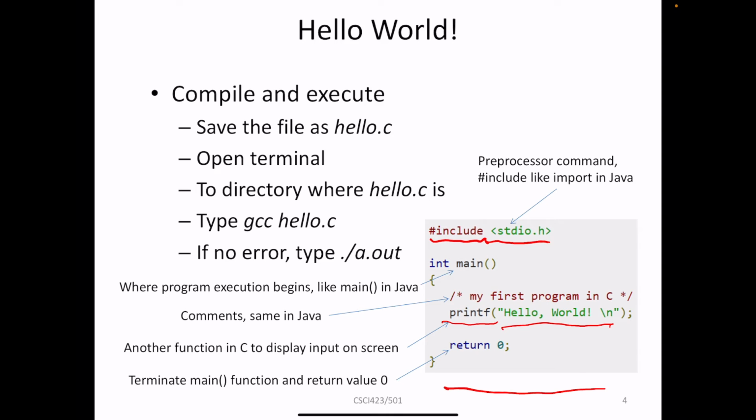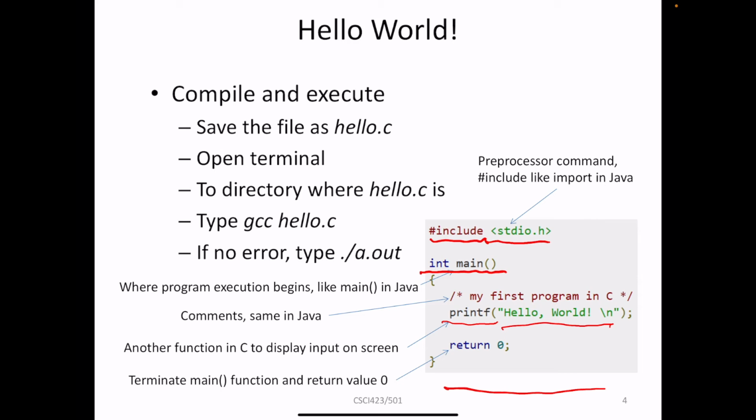Inside the C program, we only have one function, named main. This function is the entrance of the C program, and it is pretty similar to the main function you define in a Java program.